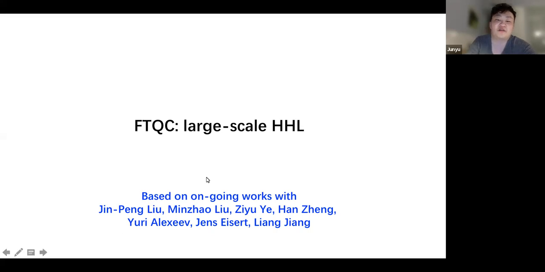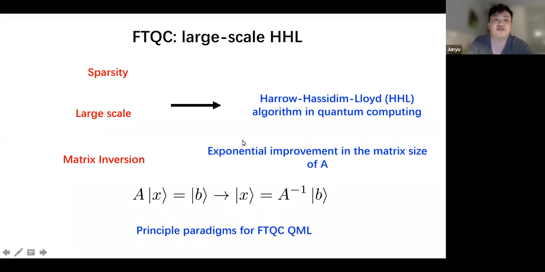It is based on some ongoing work together with a team from the University of Chicago with Professor Liang Jiang, and also with some other faculty, including Yuri Alexeev from Argonne Lab, and Jens Eisert from the Free University of Berlin.